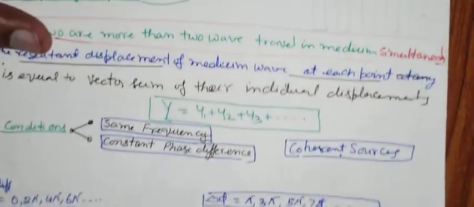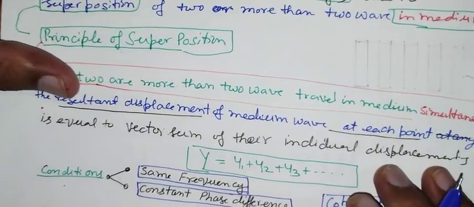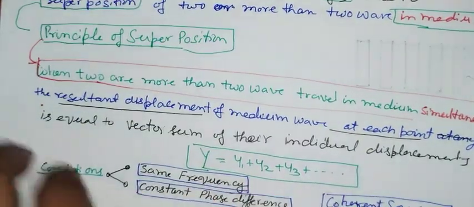As a result, see carefully here how bright and dark fringes are formed.